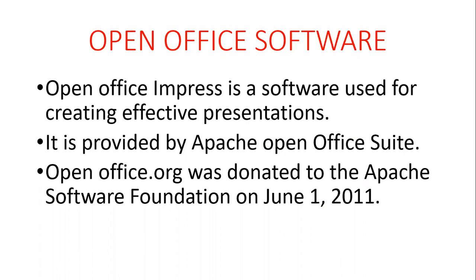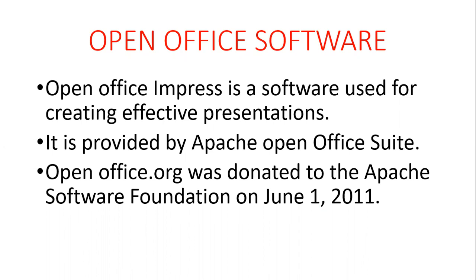Okay, so basically what is this Open Office Impress? It is a software which is used to create presentations. It has been developed by the Apache company. It was developed on June 1st, 2011 by the Apache Software Foundation.